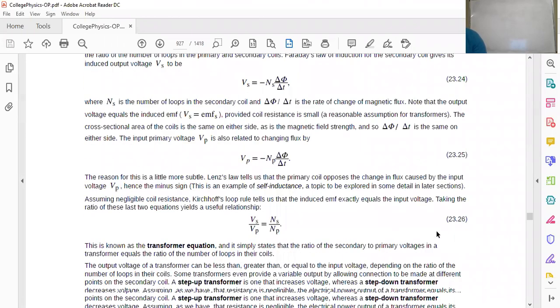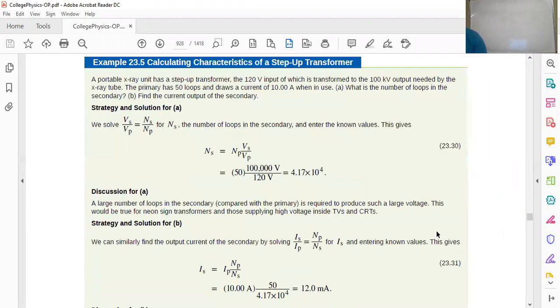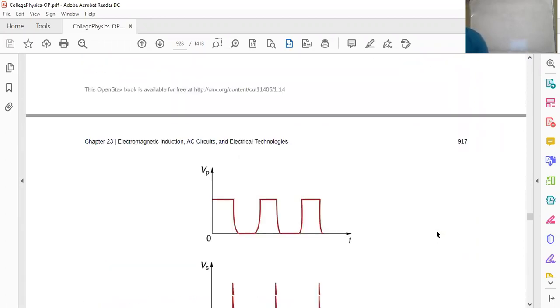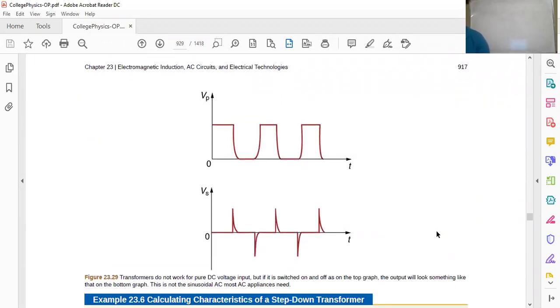So what happens if we decide, well, let's just try to fake it with some sort of a switch? Instead of having a nice time varying sinusoidal voltage, let's say instead we have this switching. We'll have the primary switch on and then off and then on, then off. We'll constantly have this square wave situation going on.